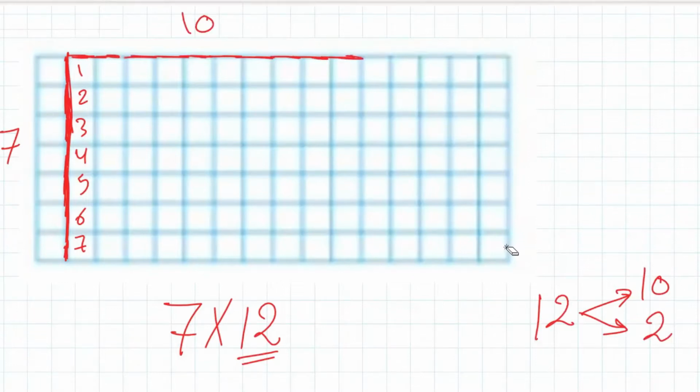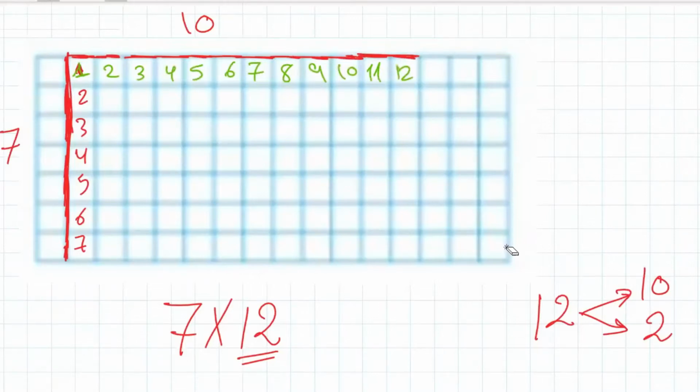And this will be the 10. And we have 12, so it will be 2 more, like that. Okay, let's count. Let's change the color. 1, 2, 3, 4, 5, 6, 7, 8, 9, 10, 11, 12.